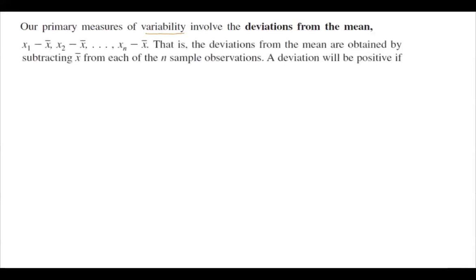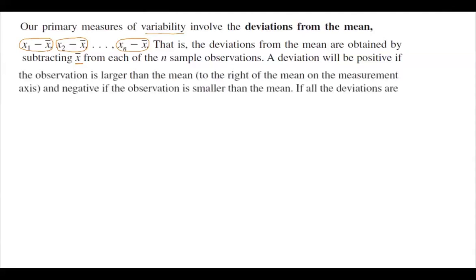So if the mean of the data is x bar, the deviations are x1 minus x bar, x sub 2 minus x bar, and you continue this process, xn minus x bar. That is, the deviations from the mean are obtained by subtracting the mean from each of the n sample observations.